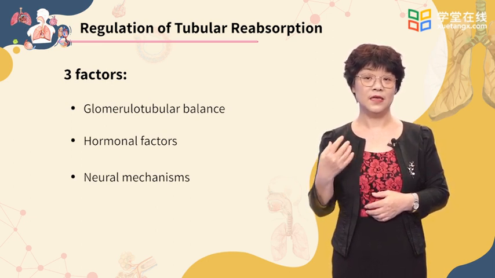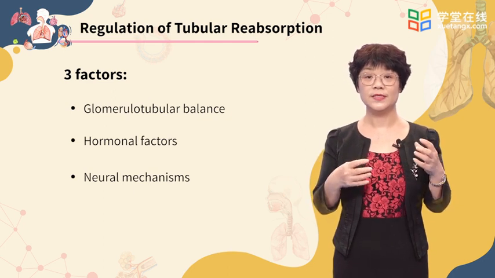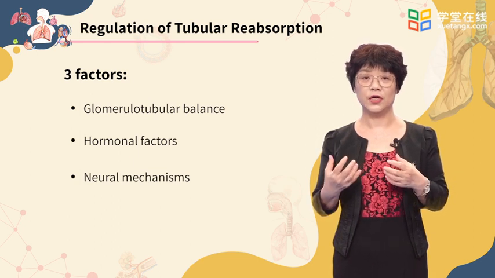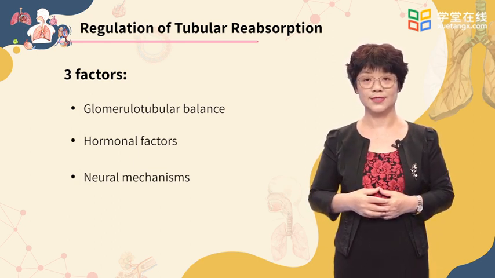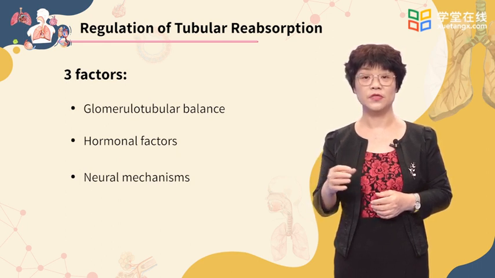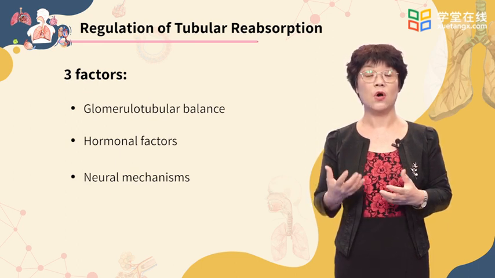It is the intrinsic ability of the tubules to increase their reabsorption rate in response to increased glomerular filtrate. It helps to keep reabsorption of solids, particularly sodium and water, constant.